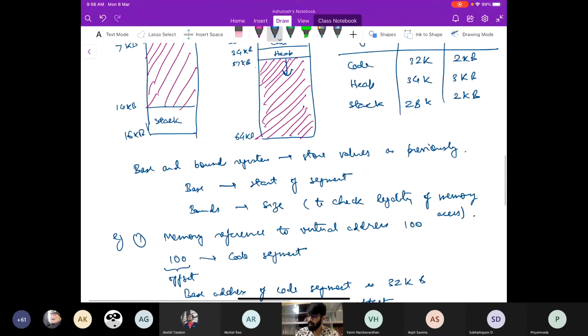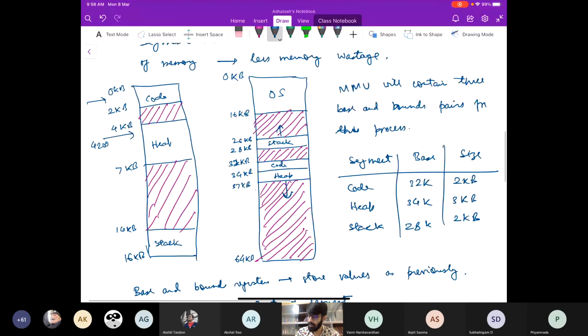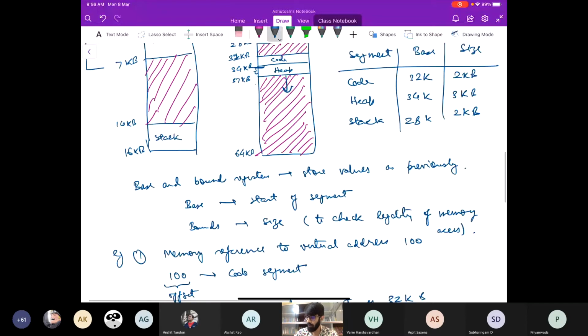So what is the heap's address space? Heap's address space is here, 4 KB to 7 KB in the virtual memory of the process, in the address space of the process. And we'll subtract the start so that we can get the offset that we actually need. Because that's what we'll be going from 34 KB down to get to the exact physical address, right?